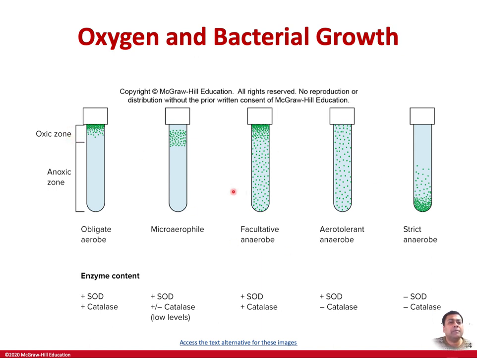So you inoculate the bacteria, close the screw cap so that no fresh oxygen can flow through, so that only the oxygen in that top area is present, and then allow the bacteria to grow, and they will show a growth pattern. If it is an obligate aerobe, they can only grow at the interface, which is the oxic zone.